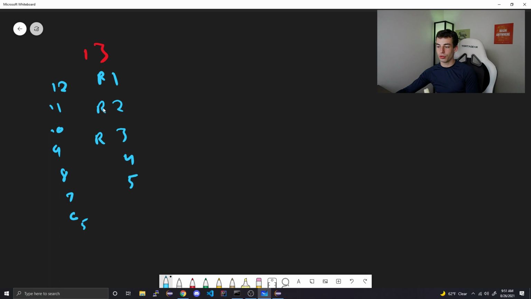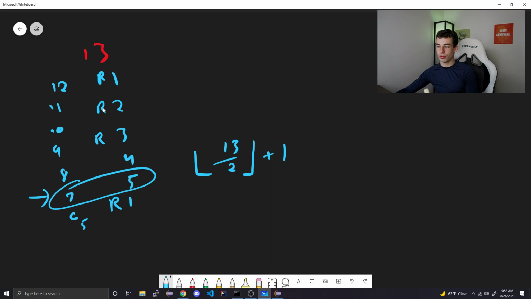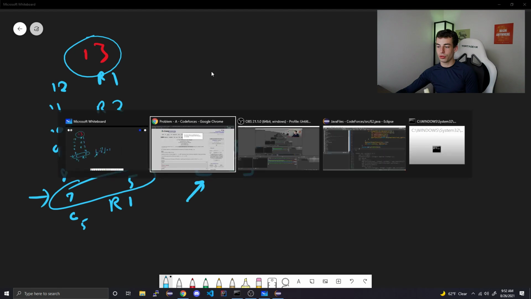But if we pick 6, then we'll get a remainder of 1, because 13 divided by 6 is 2 remainder 1. So the best A is always equal to 13 over 2 floored plus 1. We'll leave B the same, and then we'll make A as close as possible to this, and that'll be your answer.